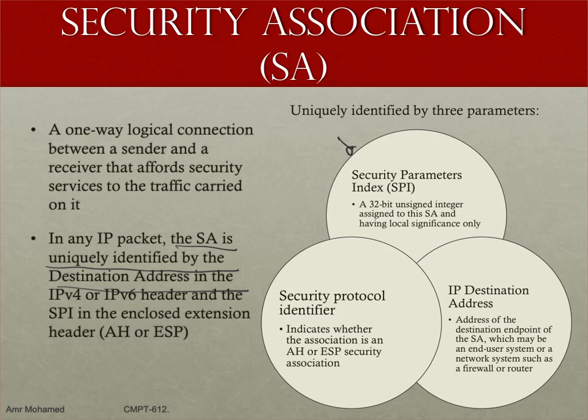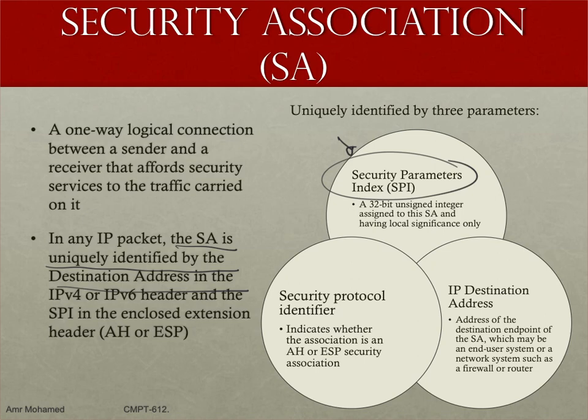So if I'm receiving a packet, I need to know how do I process this packet. For example, I have to decrypt it, right? I have to authenticate the packet. I have to generate the MAC and verify the packet and so on. How do I do that? So I have to read first and foremost the security parameters index.